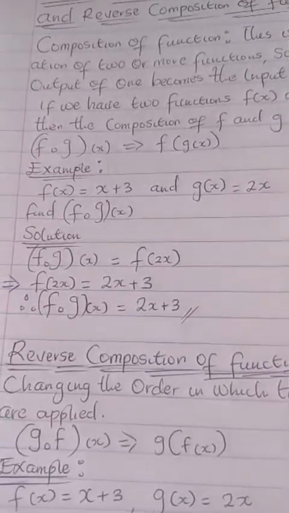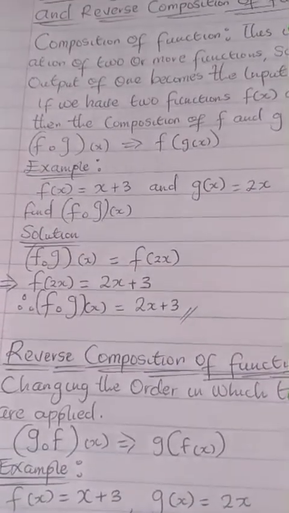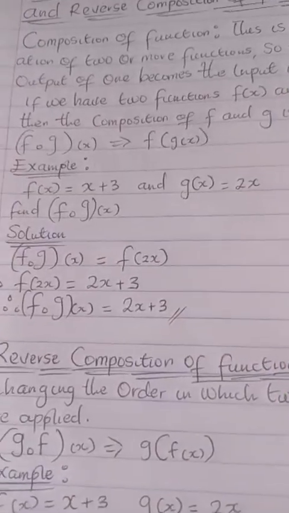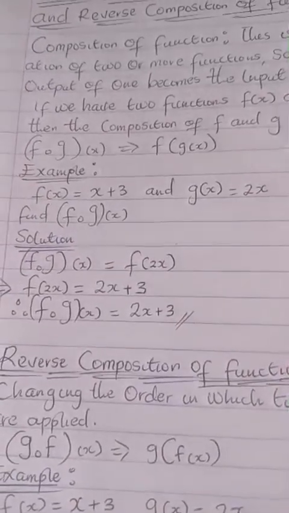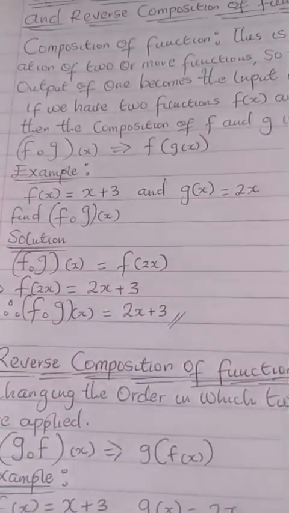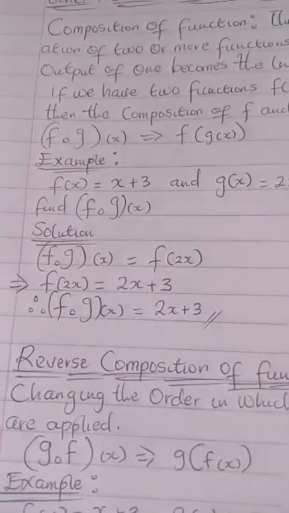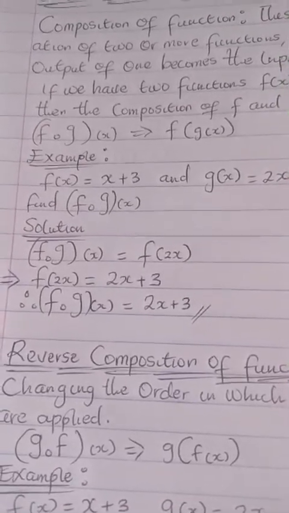So f of g of x now becomes f of 2x because g of x is equal to 2x. So you replace g of x with 2x. So that's how we have f of 2x as our function.